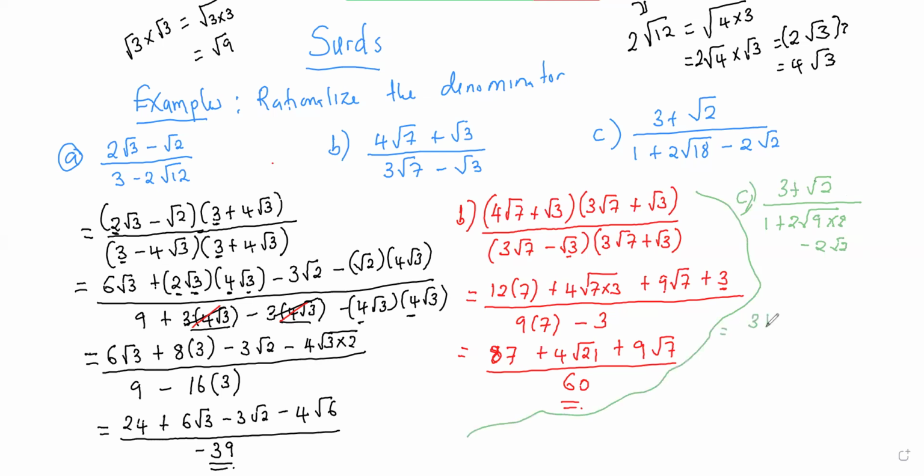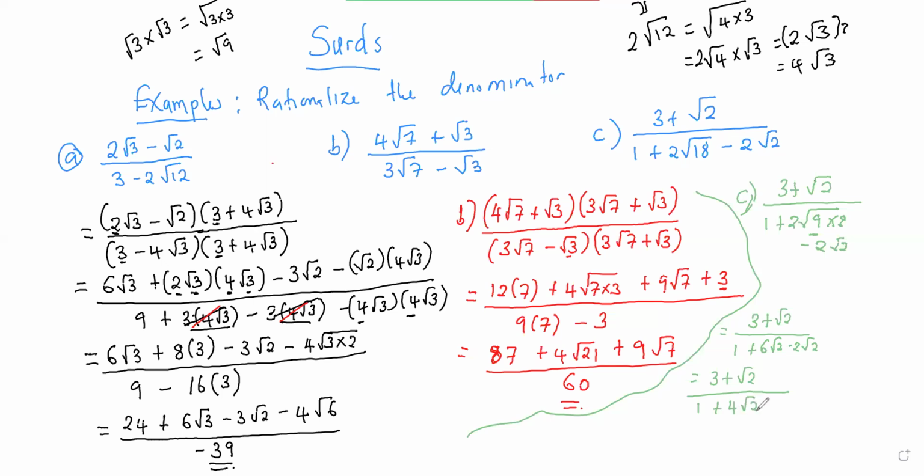Meaning we have 3 plus root 2 over 1 plus. The root of 9 is 3. So 3 times 2, it's 6. 6 root 2 minus 2 root 2. Meaning we have 1 plus 6 minus 2, that's 4 root 2.